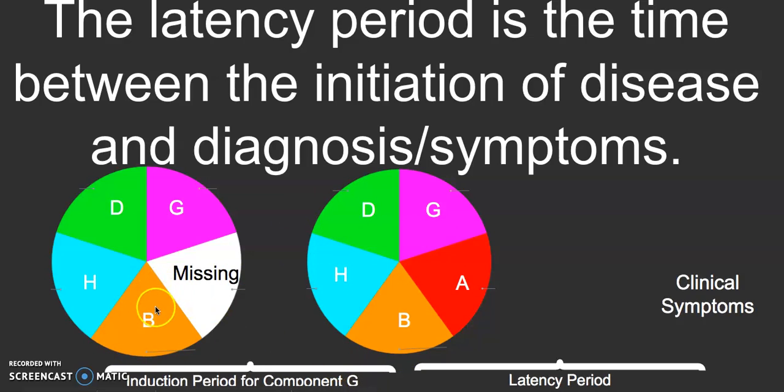You're no longer waiting for the beginning of disease, but then you start the latency period. This is the time between when you are exposed to the flu virus and you actually develop symptoms that could be recognized as the flu virus. So you finally have aches and pains and maybe a fever.